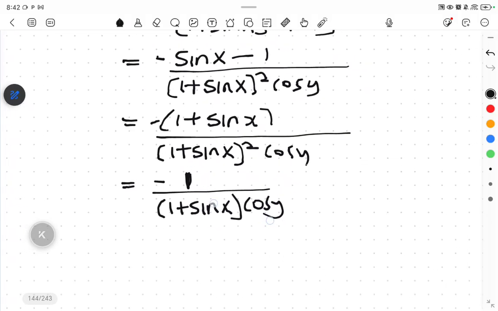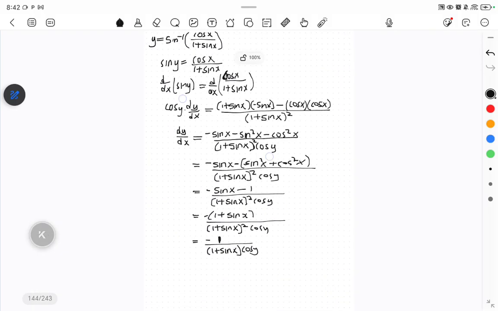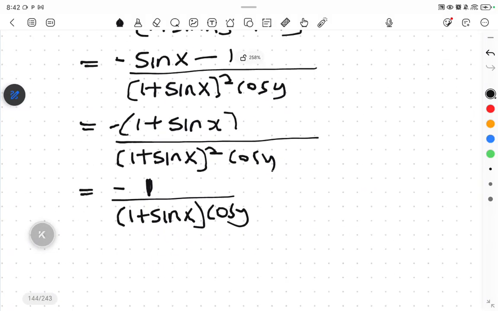Now let's go back and check what is cos y, what is sine y. So now let's check. We have this. Do we have sine x? Let me see. Okay. For cos, let's focus on cos first. For cos y, this will be equal to the root of 1 minus sine squared y.